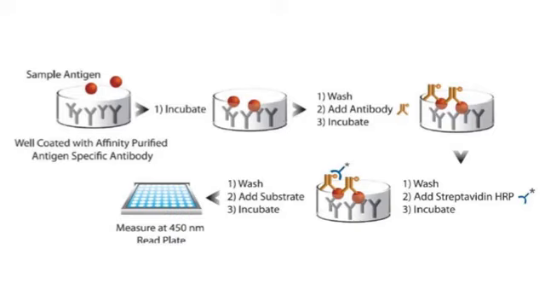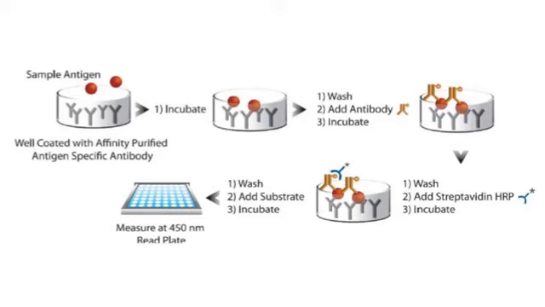So this is the antibody that is coated on the plate, this is the sample containing the antigen, this is the primary antibody, and this is the secondary antibody which is enzyme linked, the HRP, horseradish peroxidase. Then we do a washing step after the incubation period is finished.